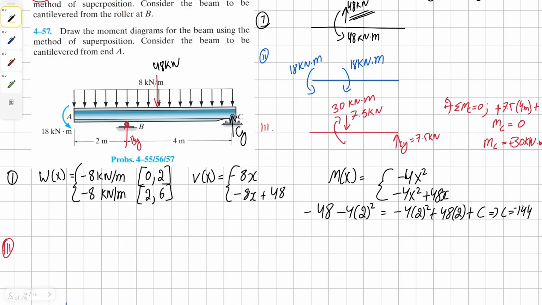To get our value of the constant, first of all, we know that we're going to have our counterclockwise 48 kilonewton meter, and then we're also going to have the value from our negative 4x squared, which I've added, and because it's negative, it's going to get added to 48, and we can have some value. And then on the other side, we plug in our second region equation, which is negative 4x squared plus 48x plus constant. Once we plug the value of x into this as well and solve for our constant, we get our solution as negative 144.